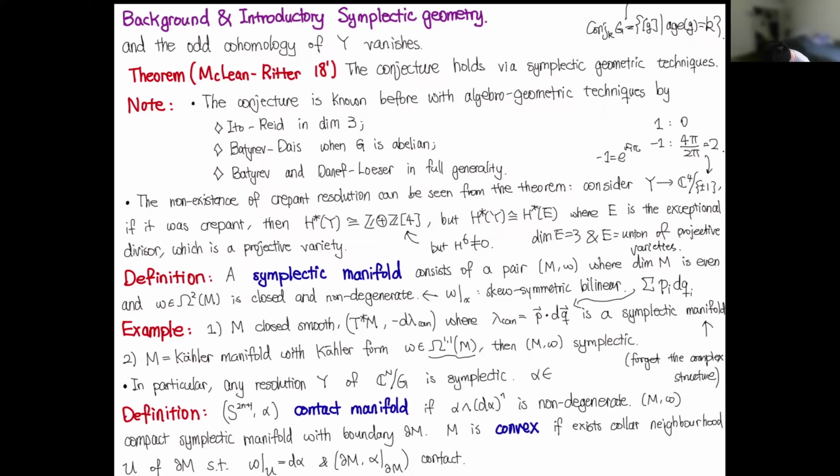Let's say alpha is a global section of the cotangent bundle of S, which gives you a smooth differential 1 form. And you require that the 1 form together with its differential gives you a volume form on the total space.